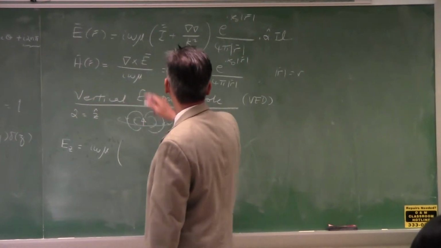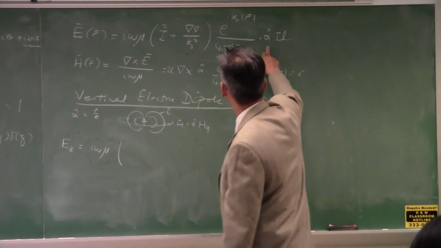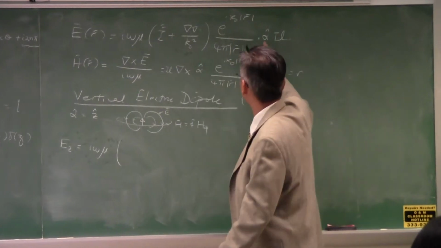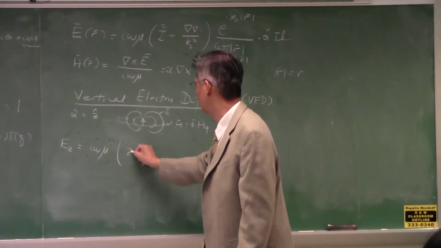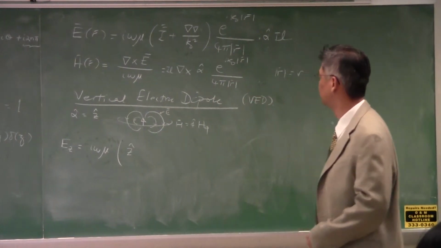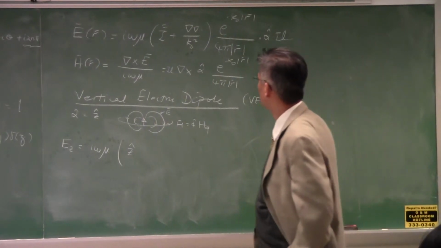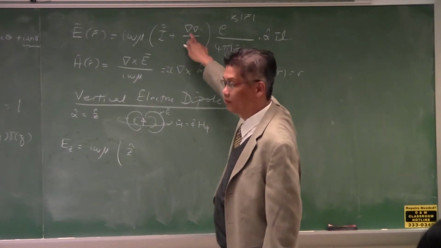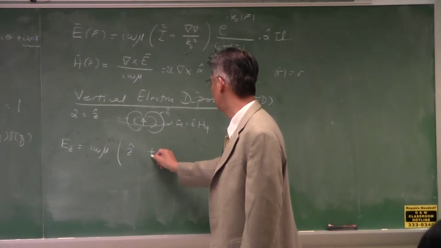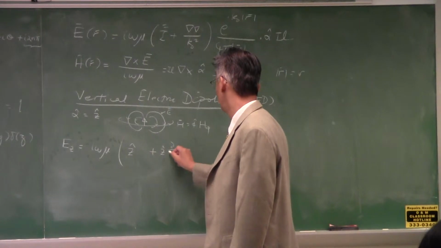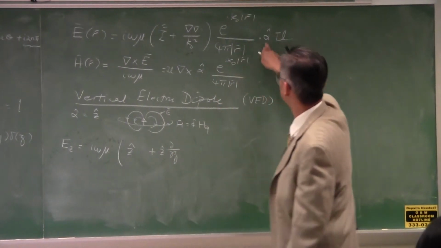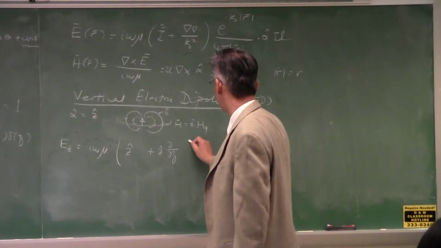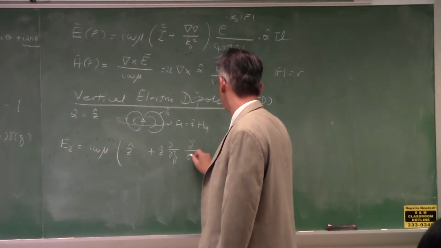And this is an I, so if I were to extract a Z, if this is pointing in a z hat direction, I dot z hat just gives me z. Okay, the first term will just give me z hat. And then if I am only interested in the z component of this electric field, I will only take the partial z of this. But since this is z hat, this gives me another partial z from there.